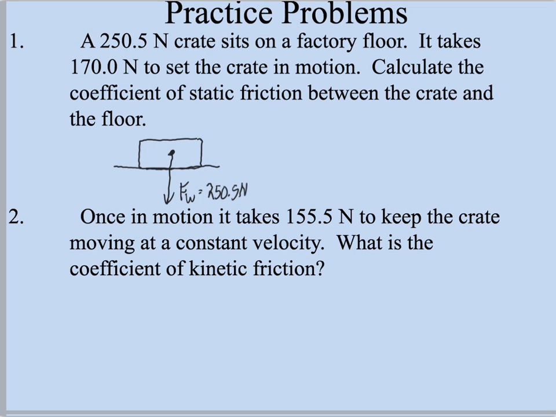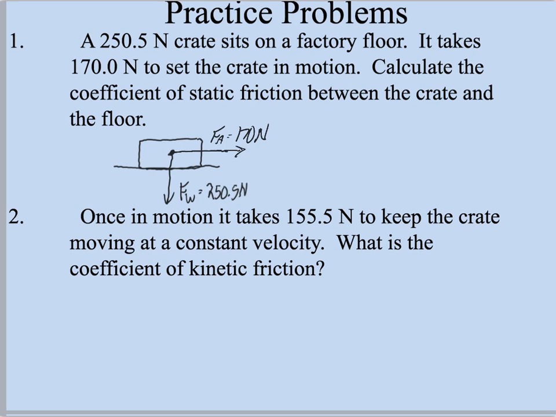And we're applying a force to it to make it move. And we know that the applied force is going to be lateral to the surface, so we're going to call that the applied force, and we're going to say that's 170 newtons. Now you might be asking, why am I pointing it to the right? Well, it's just preference. You could point it to the left if you wanted, it really doesn't matter.